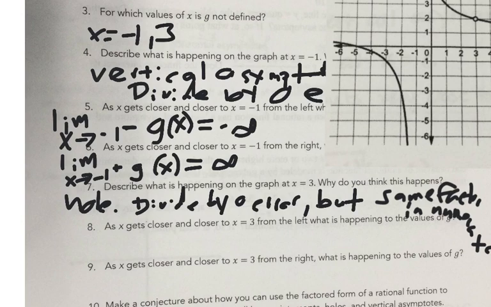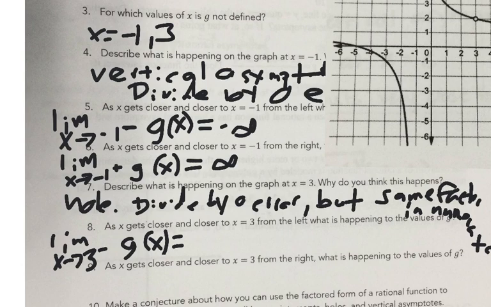8. As x gets closer and closer to 3 from the left, what is happening? So the limit as x approaches 3 from the left of g of x is, what are the y's getting closer to? As we approach 3 from the left, the y's are getting closer and closer to what value? 2.